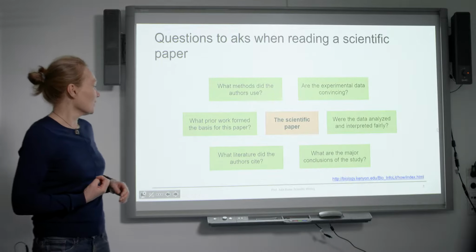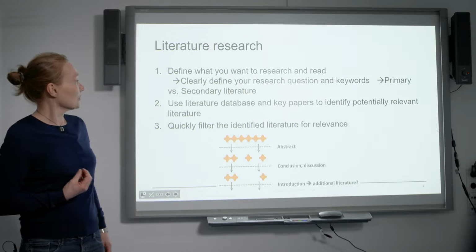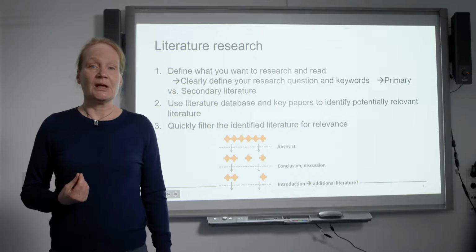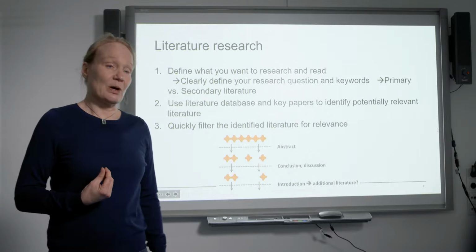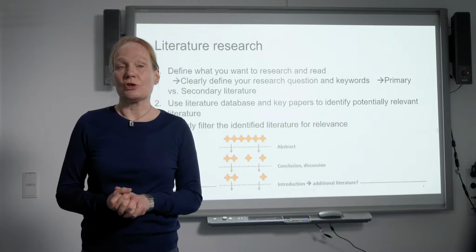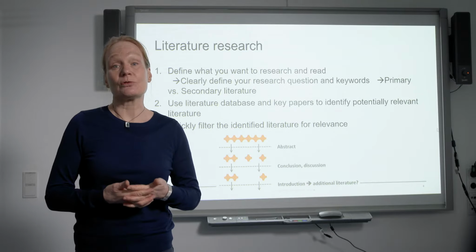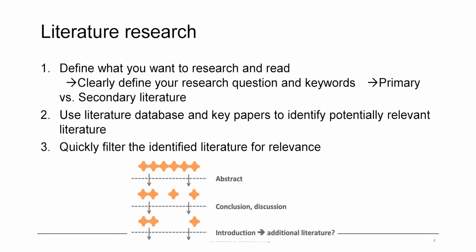Coming back to the literature search, how do you do this ideally? You need to identify boundaries, so you want to define what your research is about and what you want to read. You have to clearly define your research question and keywords, and define whether you're searching for primary or secondary literature.